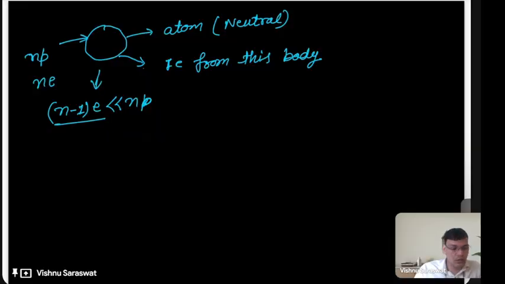Are you getting my point? Initially the number of protons and number of electrons are equal, but as we extract one electron from it, the number of electrons is lesser as compared to the protons.